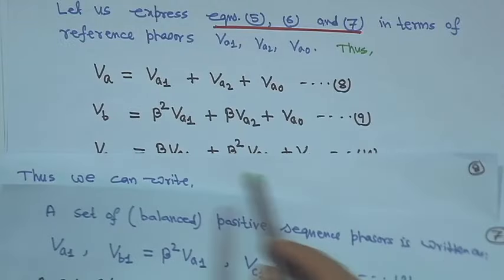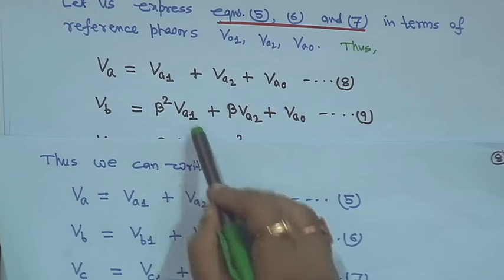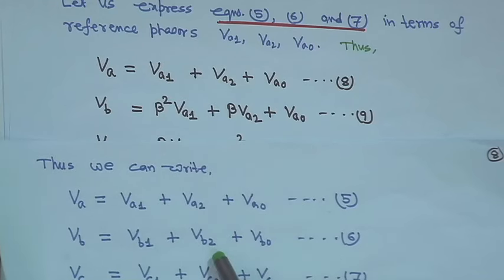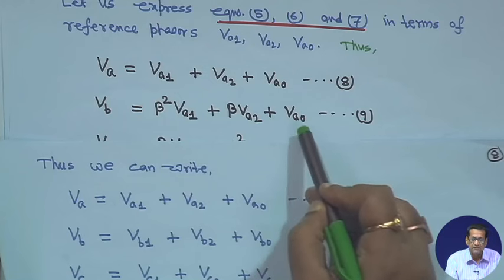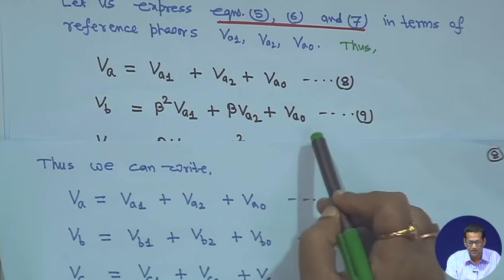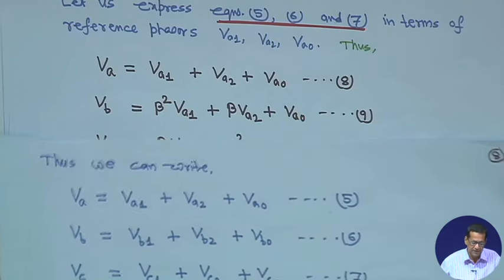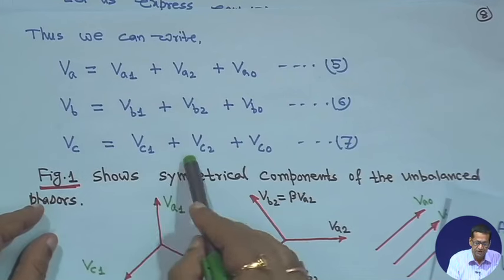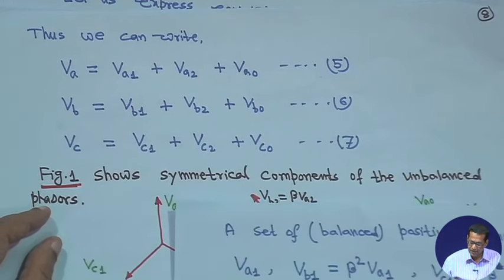So in this equation you substitute Vb1 as beta square Va1, Vb2 as beta Va2, and Vb0 is equal to Vc0 is equal to Va0. So this is Vb. Similarly Vc is equal to Vc1 plus Vc2 plus Vc0.